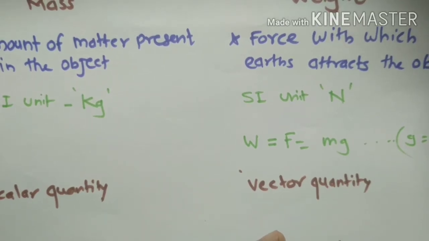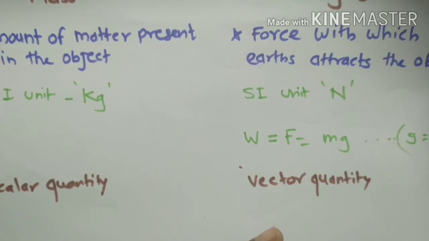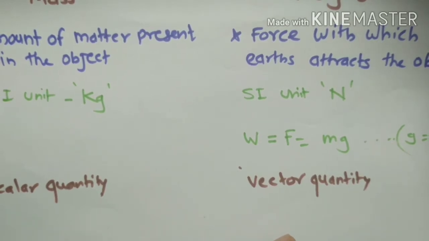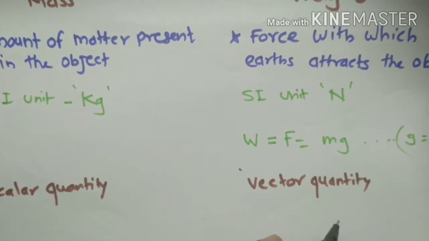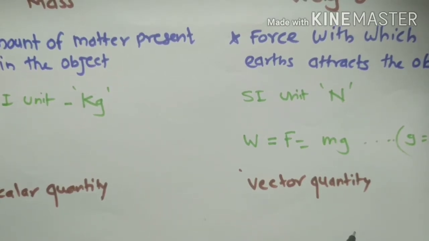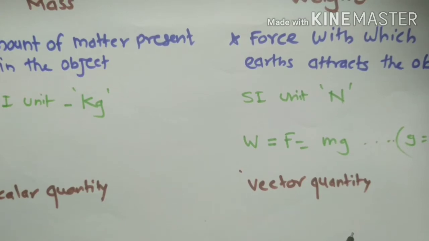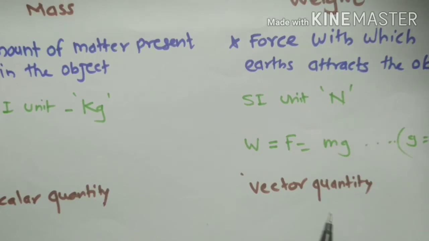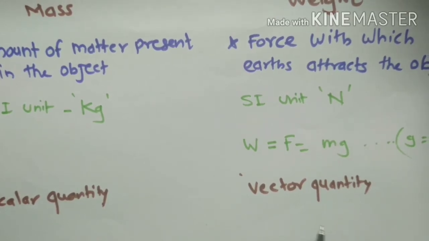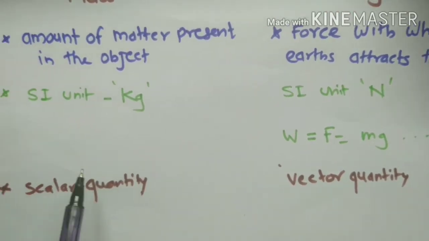And the value of g is not the same everywhere. The weight of an object changes from place to place, though the mass is constant everywhere. Mass is always constant, but weight changes everywhere. Mass is a scalar quantity; no direction is needed.